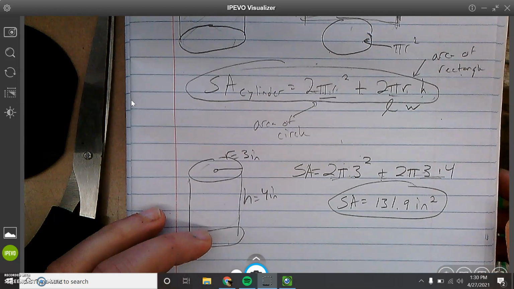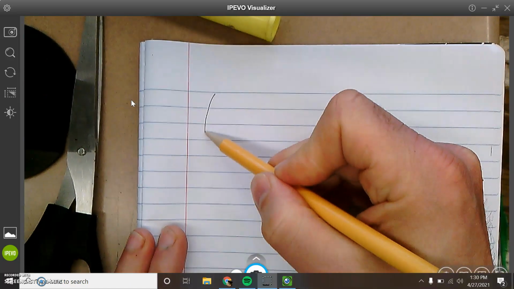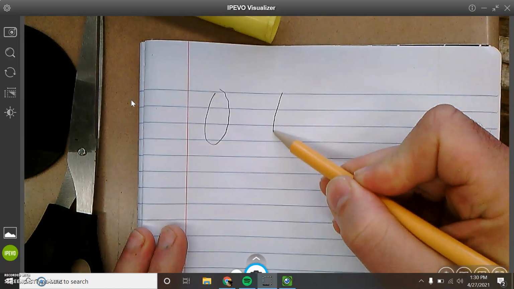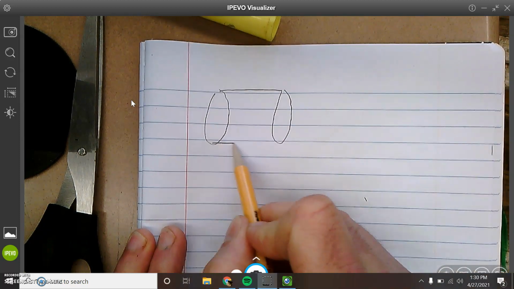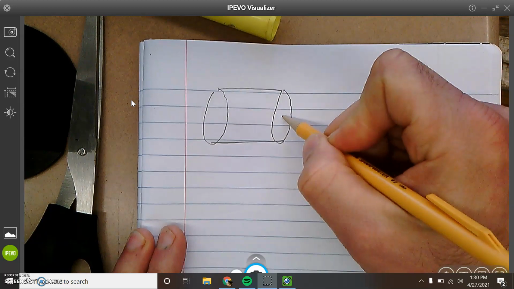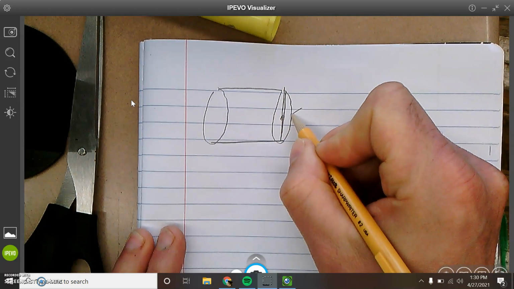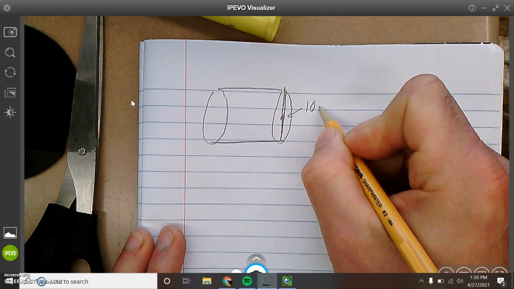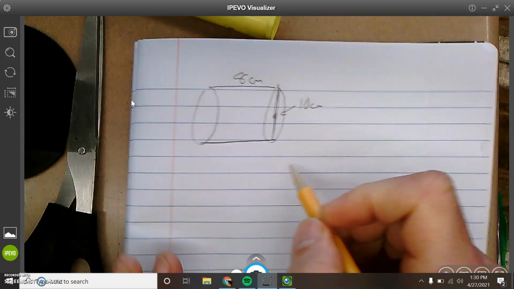Let's try another one. Let's do one that's on its side like this. So there are two ovals, and then connect the dots. Here's the center of the circle. Let's say this is 10 centimeters, and let's say this is 8 centimeters, like that.